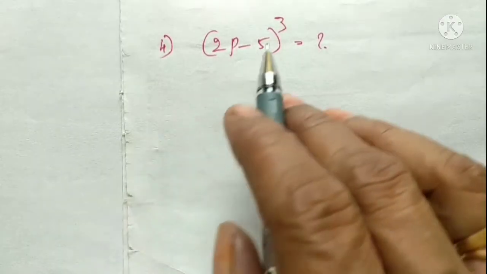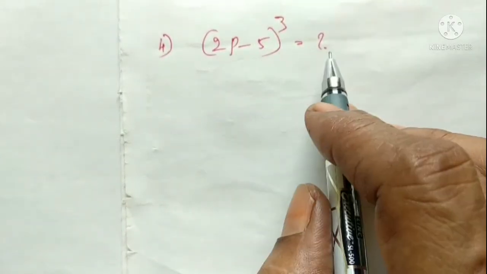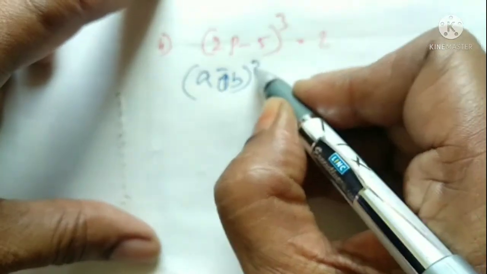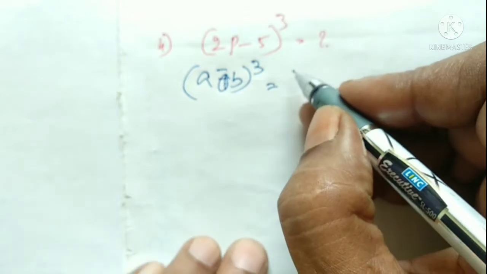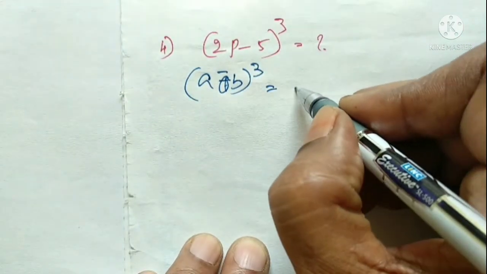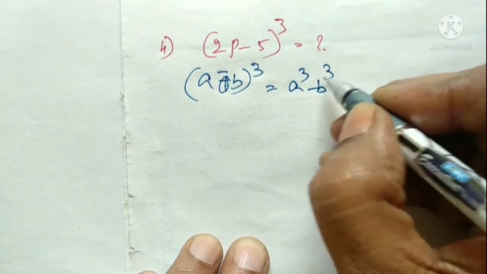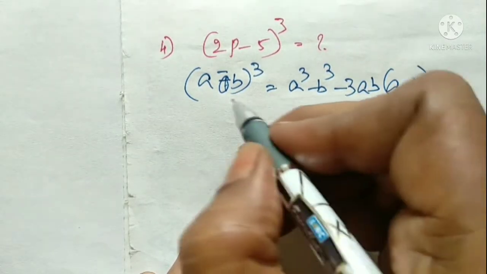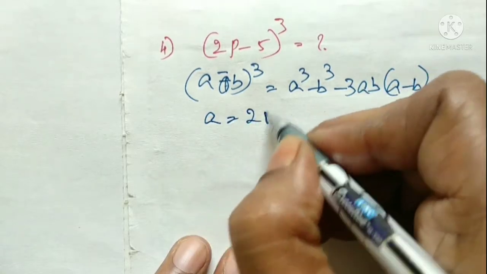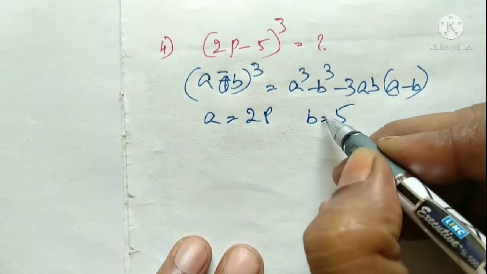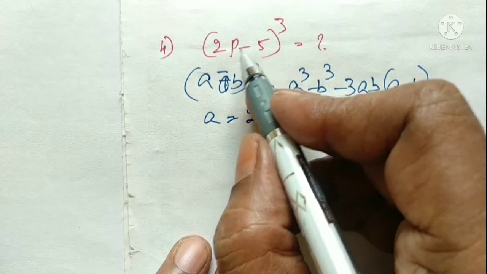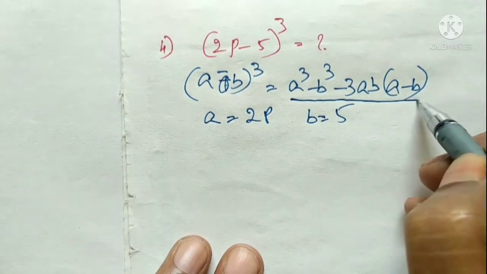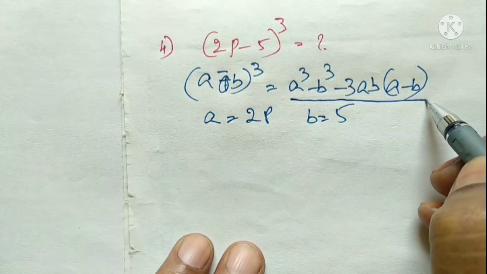Okay? Expansion: (2p - 5) whole cube is equal to how much? We have to expand. This is (a - b) whole cube. We know this, (a - b) whole cube is equal to a cube minus b cube minus 3ab into (a - b), where a is equal to 2p and b is equal to 5. So the given values we are applying here in this given algebraic identity.